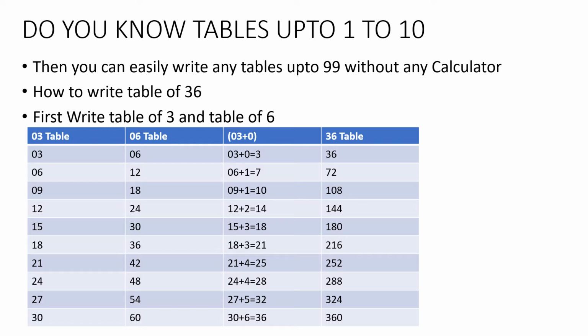Now I have taken an example of the table of 36. So 36 has 2 digits, 3 and 6. We are well aware of the tables of 3 and 6. So first we have to note down the tables of 3 and 6.